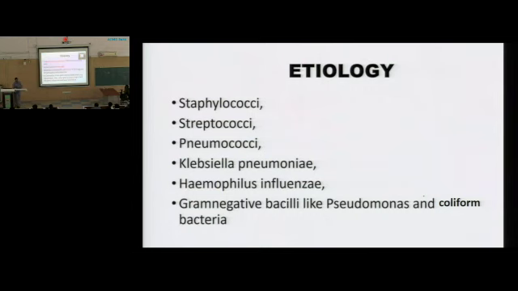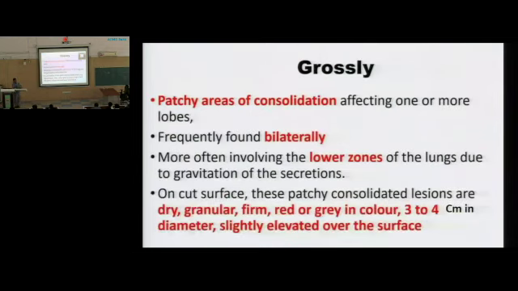So what will be happening in gross? We have seen both pictures of the affected lungs. There will be patchy areas of consolidation rather than a single lobe. It will not be restricted to 1 lobe only, it can affect more than 1 lobe. Frequently found bilaterally, they affect both lungs, and more often involve the lower zones of the lung due to gravitation of the secretions.